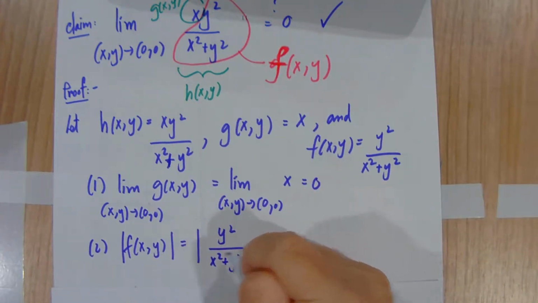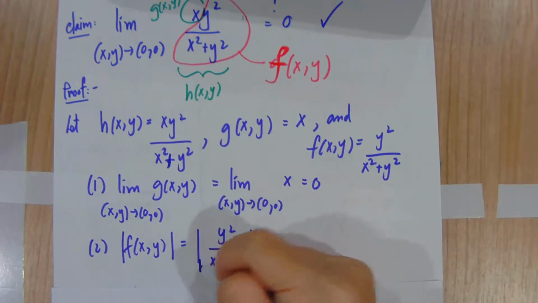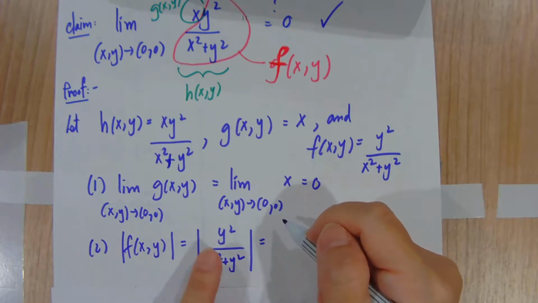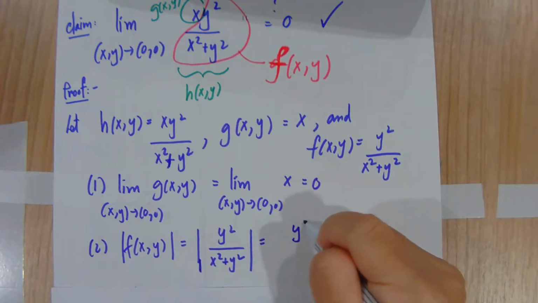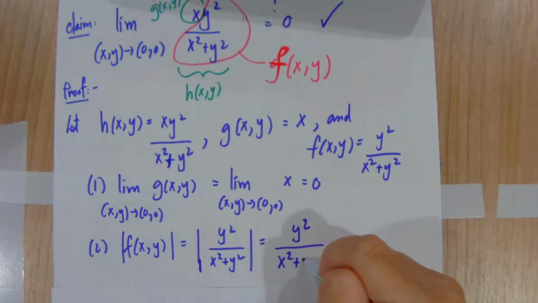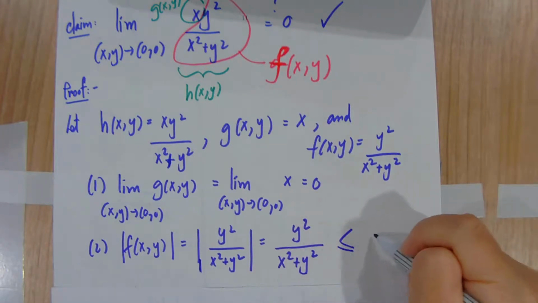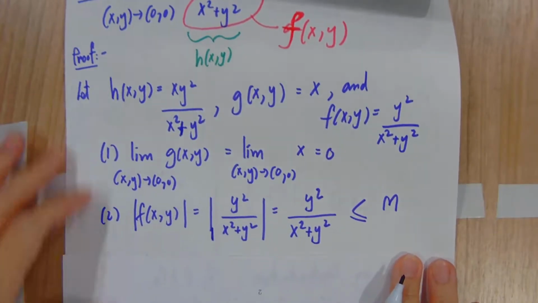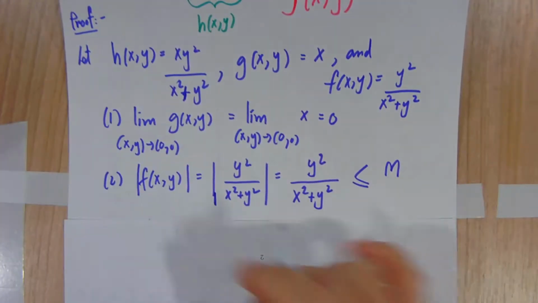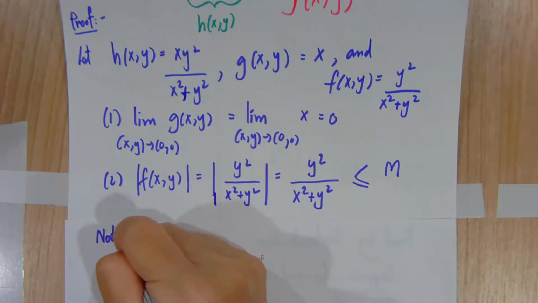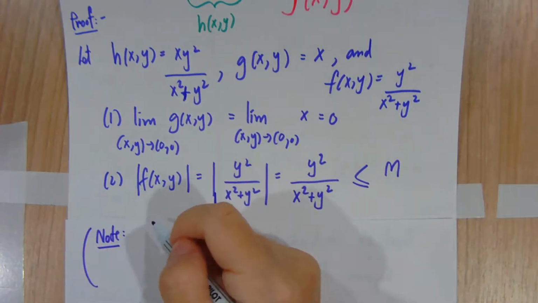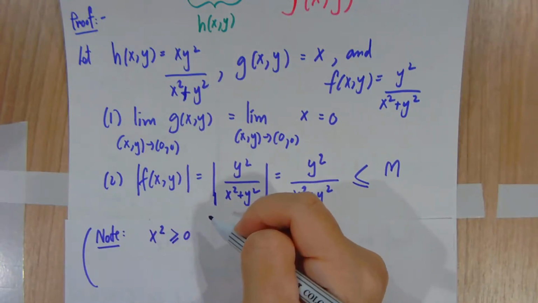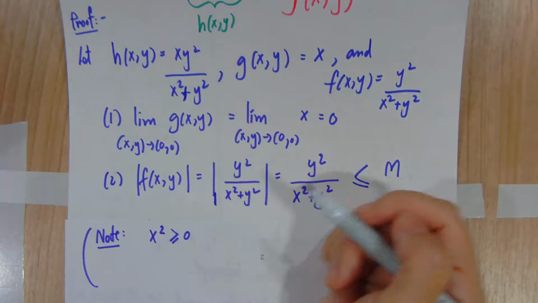Since it is in the power of two, both can still be positive, so we get it. So how do we find which term is bounded by this? Let's see, just for the note. x squared is always positive, since x is a real number, the product of real numbers.